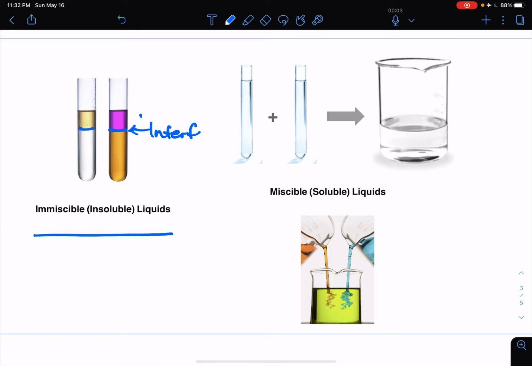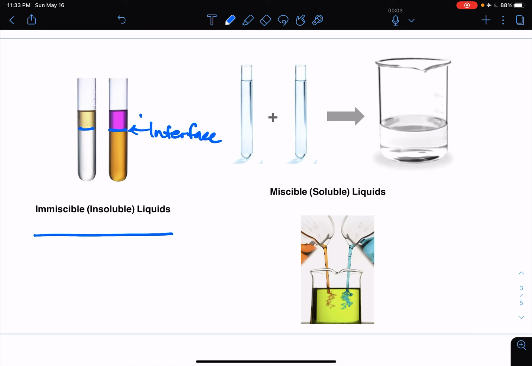There might be the question of, well, which liquid is dissolving the other liquid? Well, that's kind of like iffy. They kind of dissolve each other, right? We can also classify the solvent as the one that is present in greater amount and the solute as the liquid that's present in lesser amount. We can do it that way.